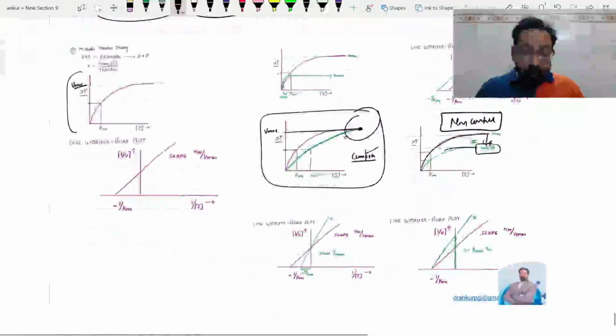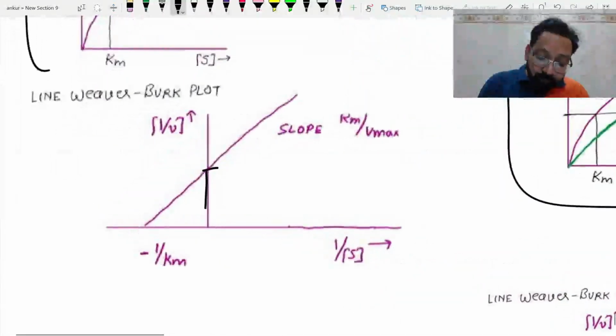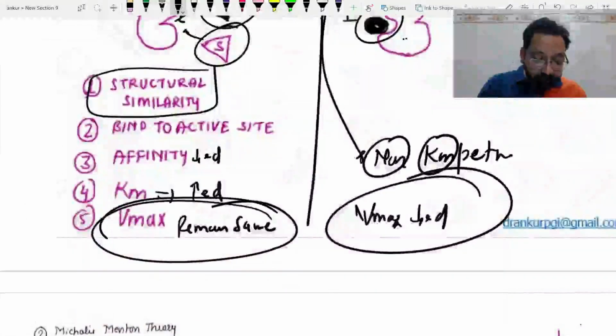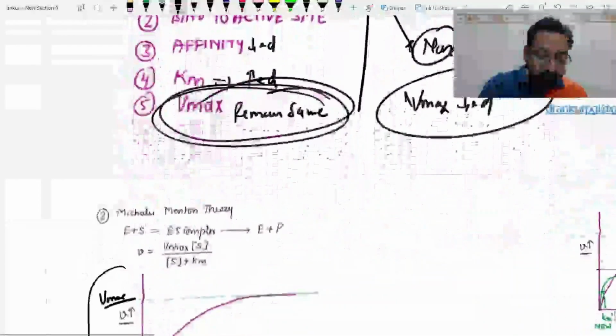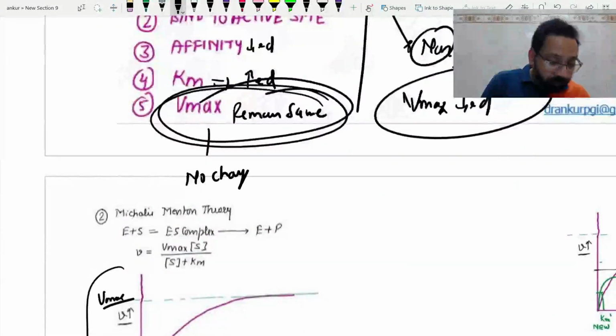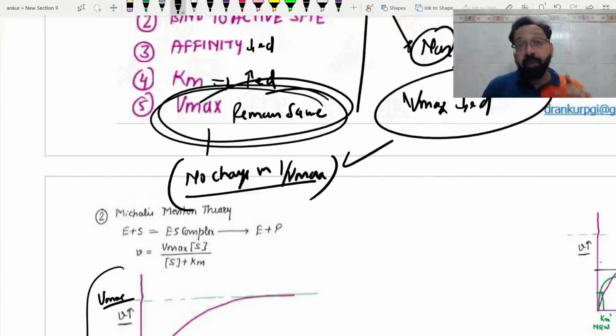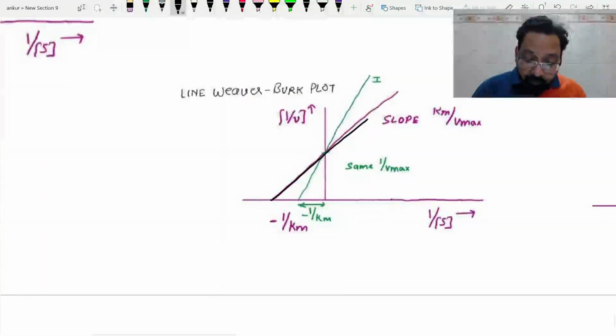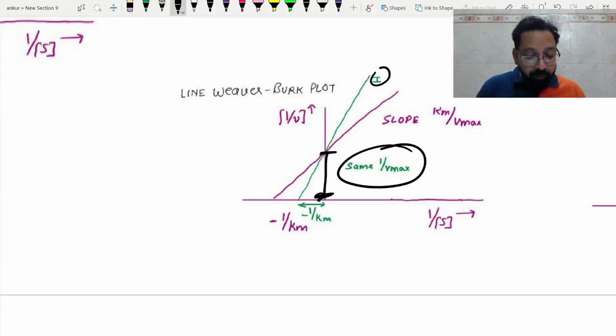Now, the Lineweaver-Burk plot: the Y intercept is called 1 upon V max. So you will remember this, 1 upon V max. In competitive inhibition, no change in V max, so no change in 1 upon V max. If a graph is given, this is the normal graph of the enzyme, and after inhibitor, in both of these conditions this is 1 upon V max.